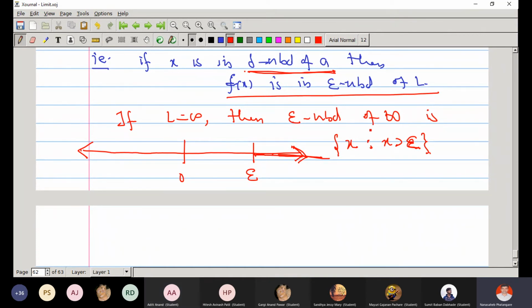Okay. Now, where is infinity? It's on the right end. So suppose epsilon is this number on the real line. Then what is the region which is closer to infinity? That means the neighborhood of infinity: everything on the right side of epsilon. It is the region which is, in some sense, closer to infinity. Because what neighborhood are we taking? Suppose you take a neighborhood of 1 kilometer around your house.